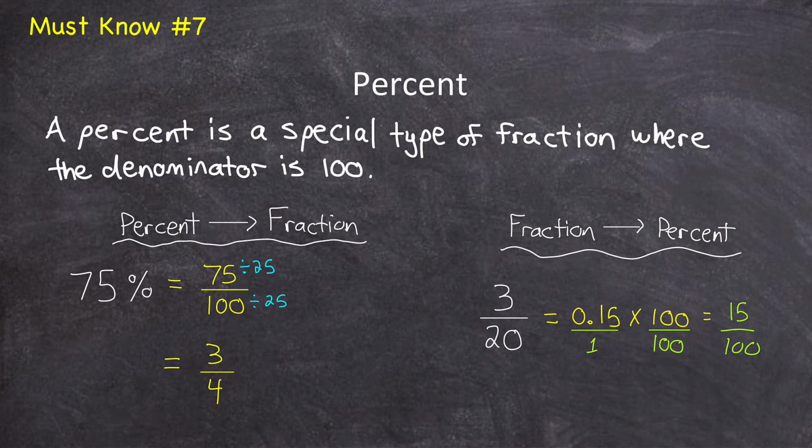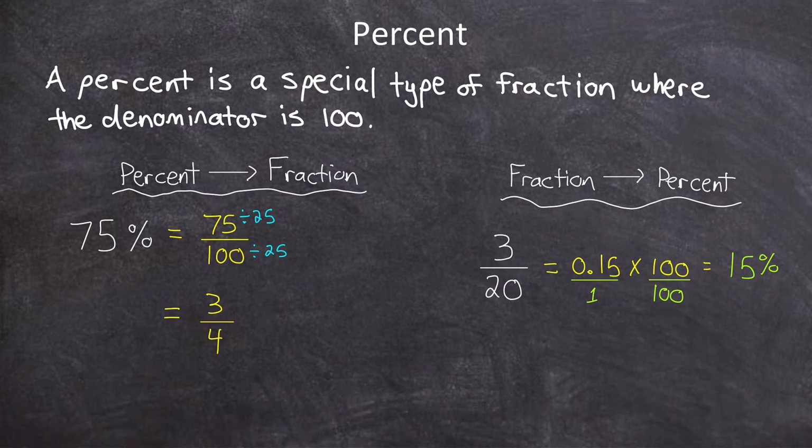And we know when we have a fraction that's over 100, we can write it as a percentage. 15 over 100 is 15%. But usually all of these steps aren't communicated. You just have to know that if you have a decimal value and you want to convert it to a percentage, just multiply that decimal value by 100 and it gives you the percent value of that decimal.